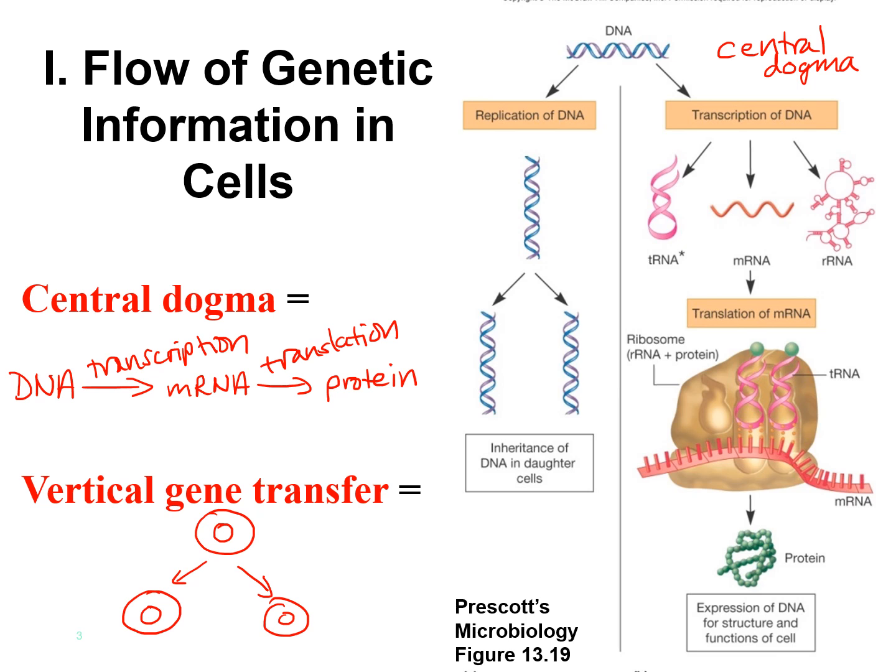They call it vertical gene transfer because the genetic information is being passed from one generation down to the next generation. So it's vertical because it's going down the generation. So in this picture over here on the right, vertical gene transfer is shown here on the left.